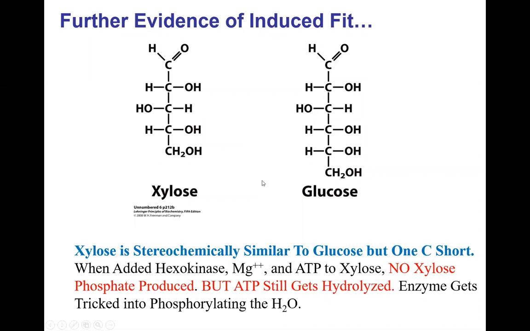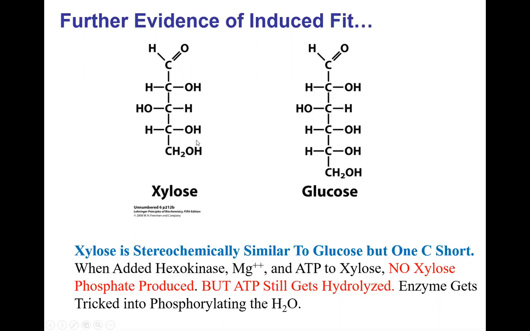They took xylose. Xylose, it turns out, is stereochemically similar to glucose. If you look at the carbon next to that aldehyde, the first one has the same stereochemical configuration, the second one the same, the third one the same. But xylose is one carbon short. It has that CH2OH, but it doesn't have this one.